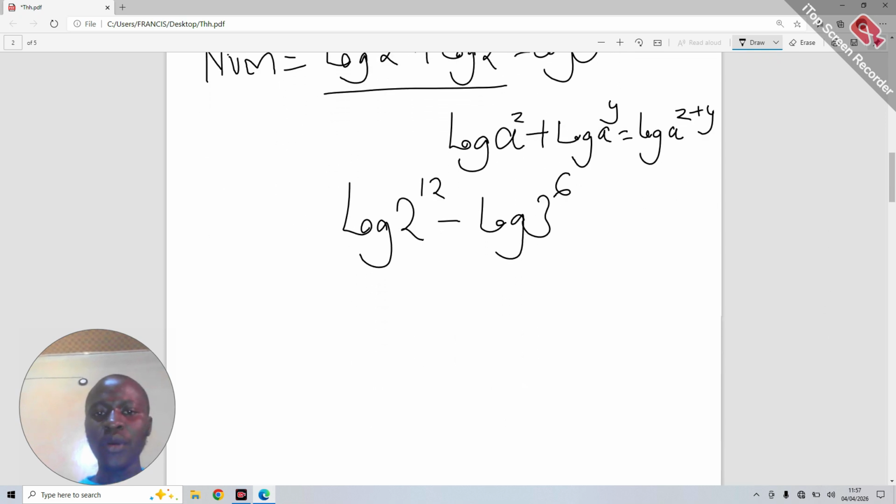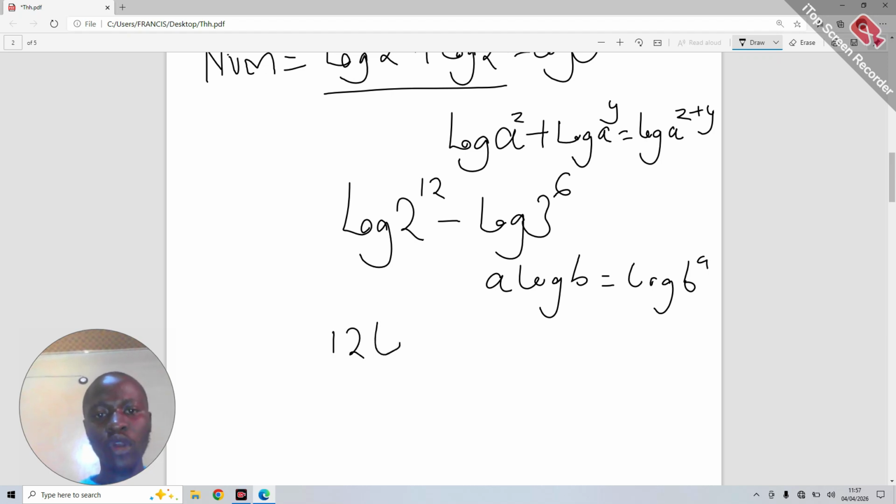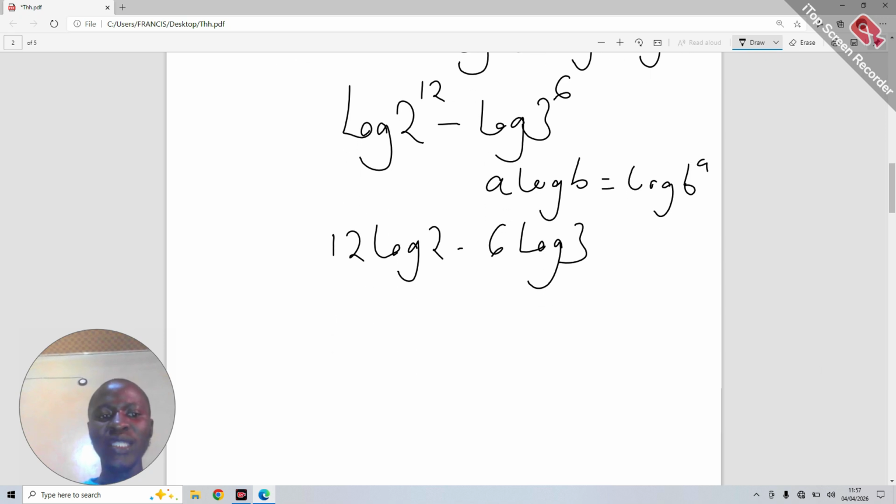Applying a certain law which states that A log B equals log B power A, we have 12 log 2 minus 6 log 3. Then we simplify it, or maybe we factorize.